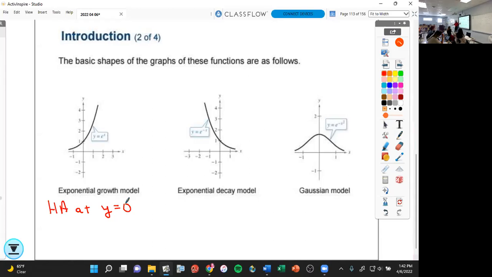I've got e, which is 2.7, to the x power. If you make that exponent a negative number, it becomes a reciprocal. So it becomes 1 over e to the x power. So if I take 1 and divide it by an infinitely large number, what will I get?